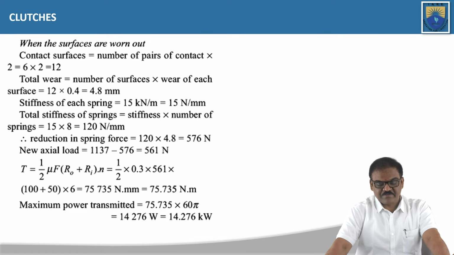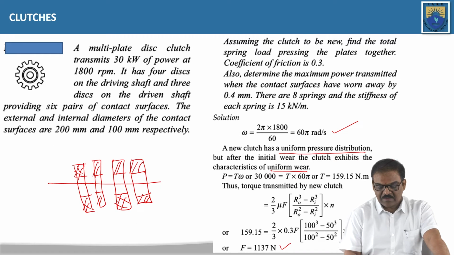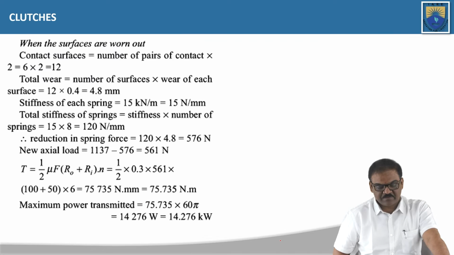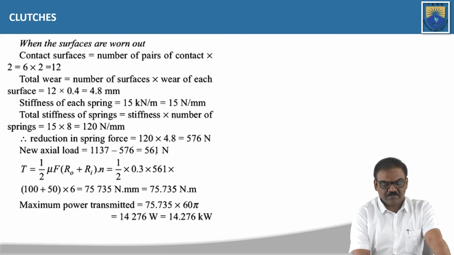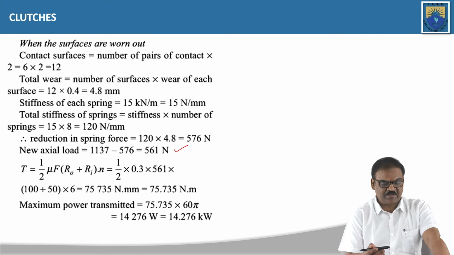Therefore, 576 newtons. New axial load is, originally we have got the 1137, because of the worn out, the force is reduced by 576 newtons. This is the new axial load. Therefore, once worn out, we consider this to be under uniform wear criteria.